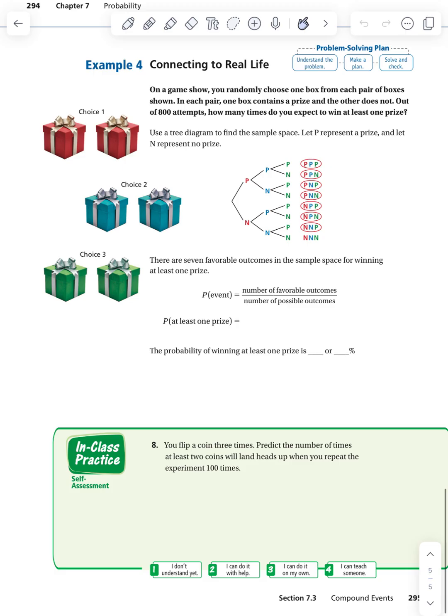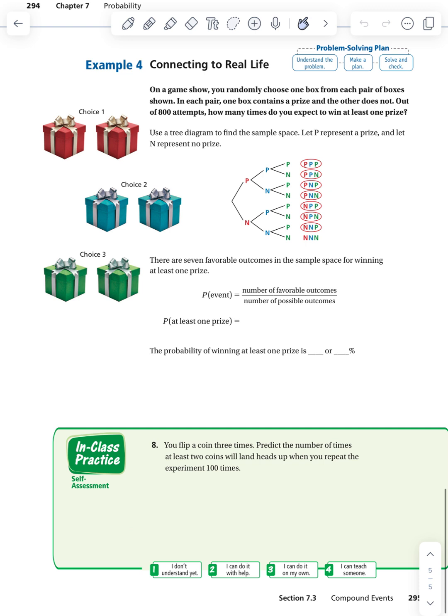All right, last example. On a game show, you randomly choose 1 box from each pair of boxes shown. In each pair, 1 box contains a prize and the other does not. Out of 800 attempts, how many times do you expect to win at least 1 prize? Notice they made a tree diagram of all the possible outcomes.